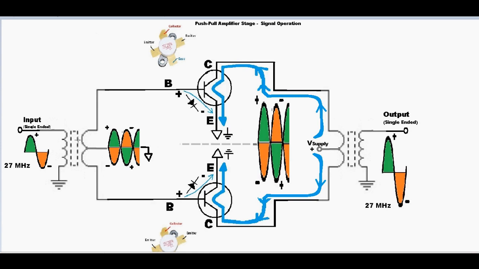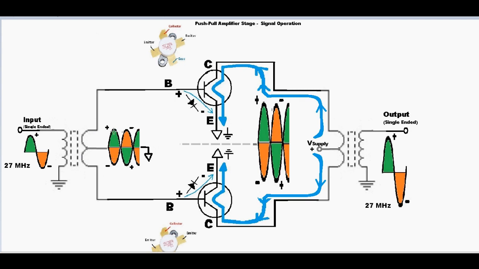Goes single-ended input here on the left, which creates positive and negative going cycles on the center tapped RF transformer, measuring the voltage from the outer arms to the center tapped point, which is grounded.